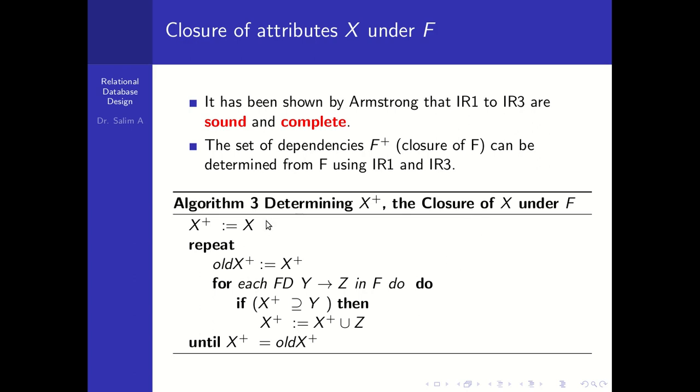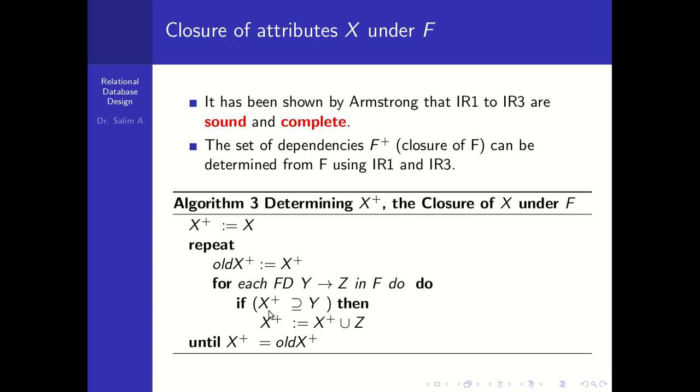The algorithm says like this: algorithm determining X closure given a set of FDs F. Initially, X closure is X itself. Then you store the current value of X closure in old X closure. For each FD, Y determines Z in F, let Y determine Z be an FD in the set.